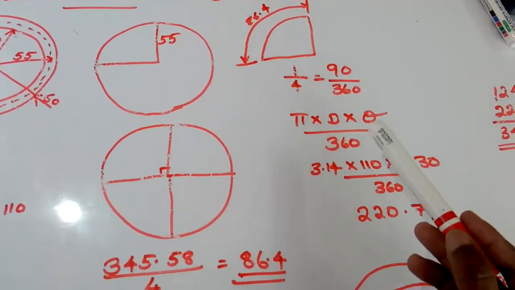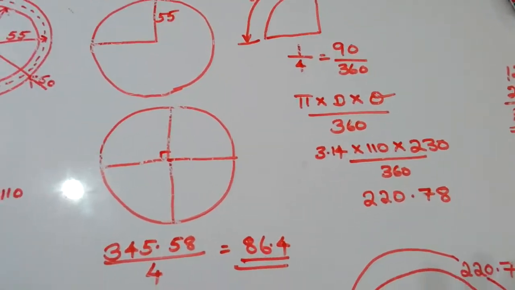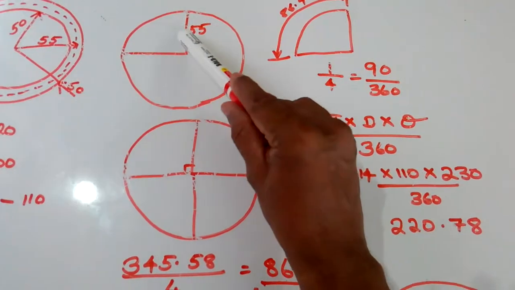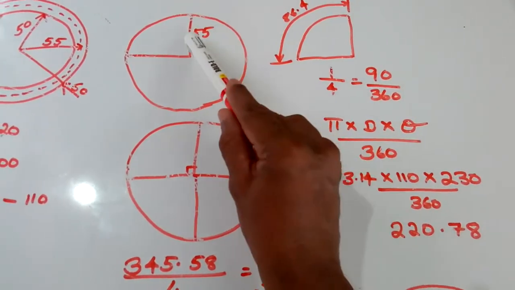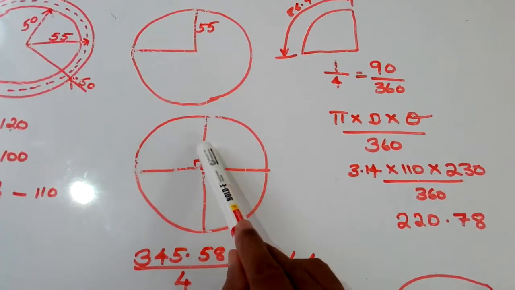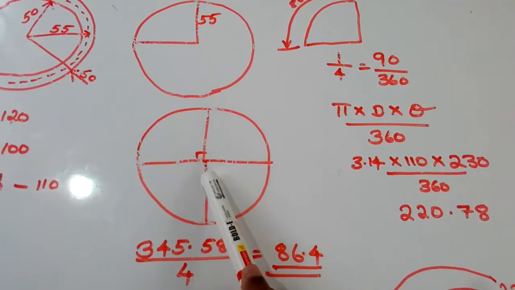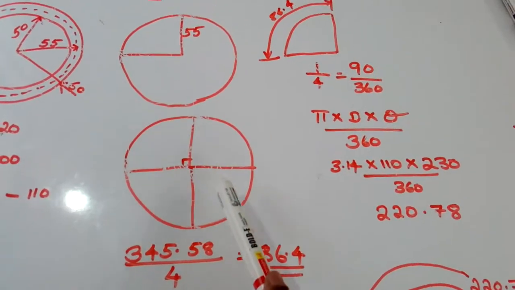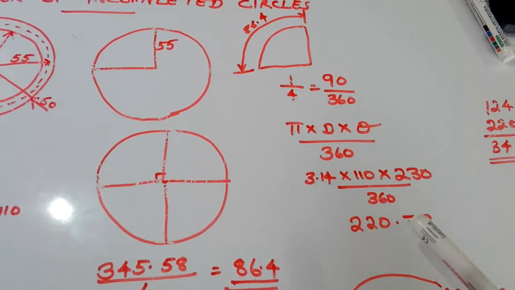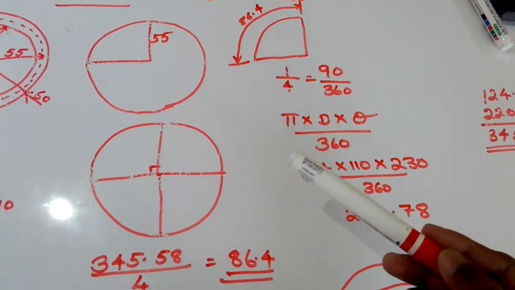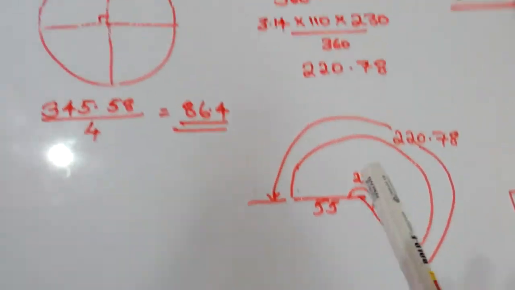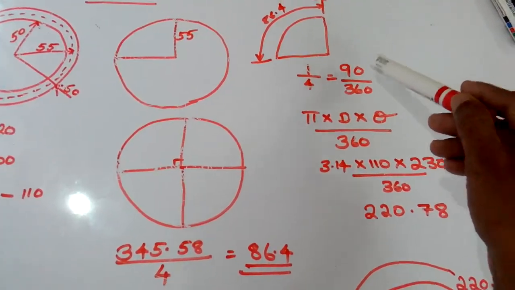In another way, in degree level, we can say here is 90 degree. The 4 90s are coming, 1 90 here, another 90 here, third, fourth. So 1 by 4 and 90 by 360 are the same. Earlier I had told 1 by 2 is the same as 180 by 360. In the same way here 1 by 4 is the same as 90 by 360.